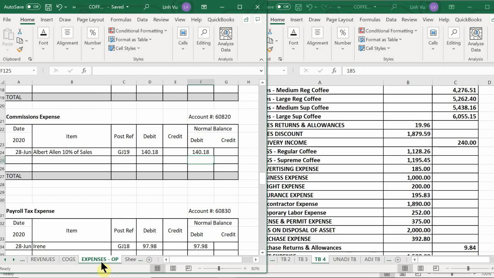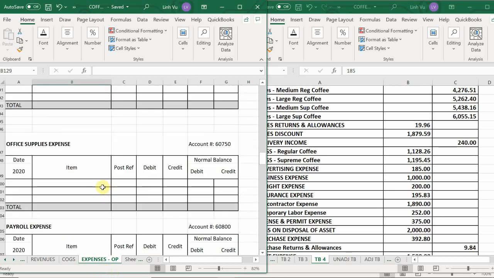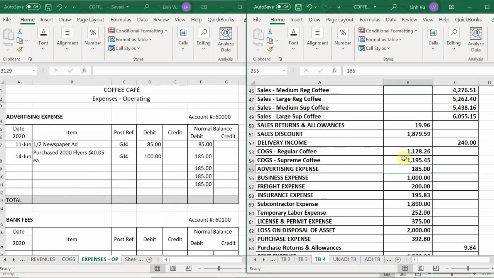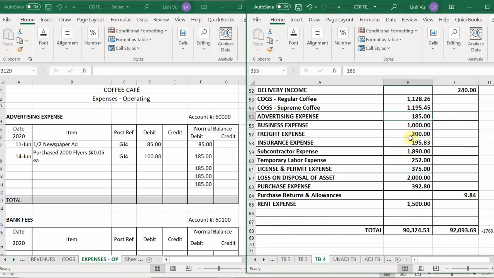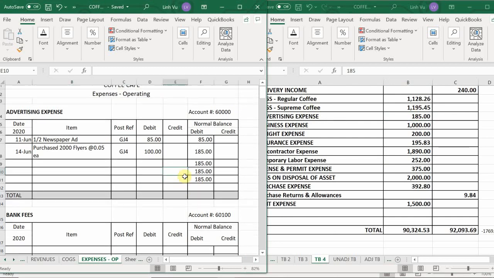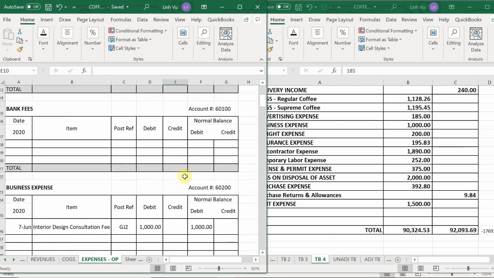Last but not least, our expenses. Okay. So starting from the very top at advertising. And we're going to go ahead and go through every single one. So advertising is still 185. Okay. Next here are bank fees.